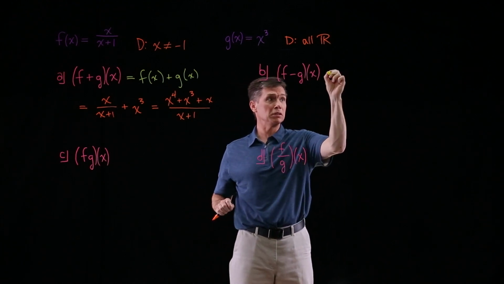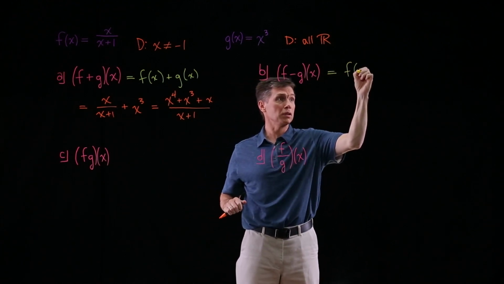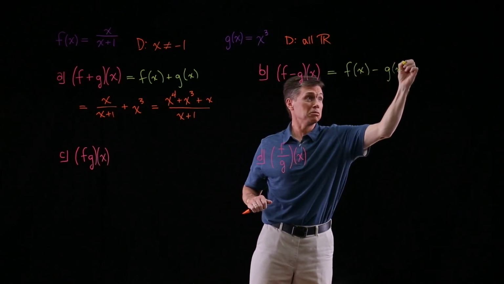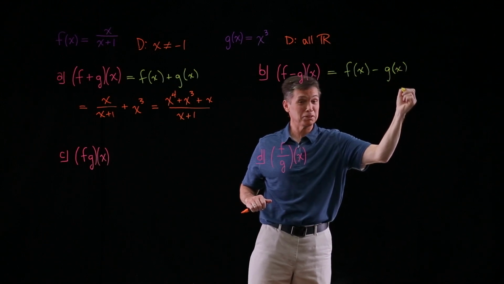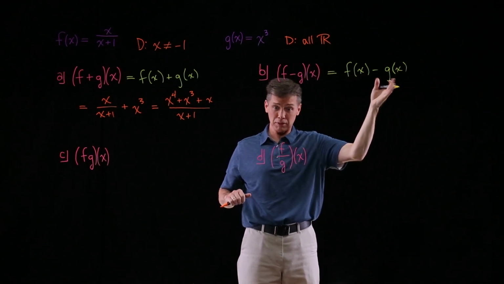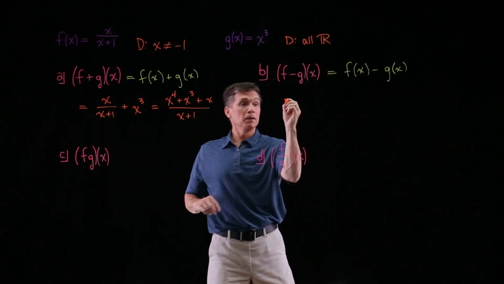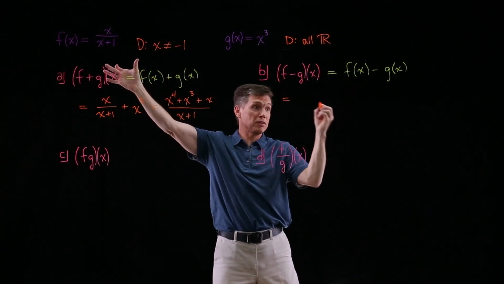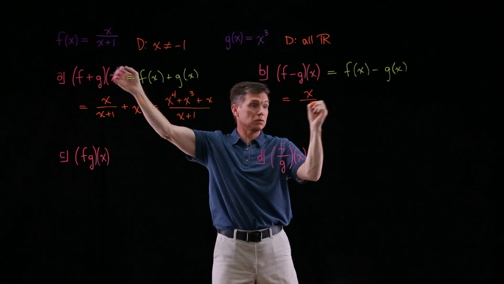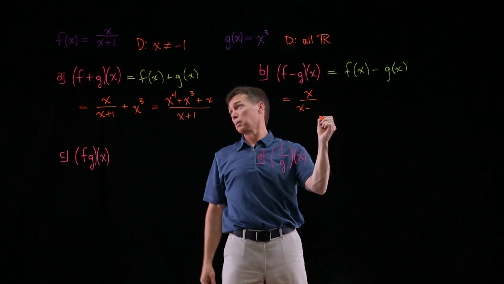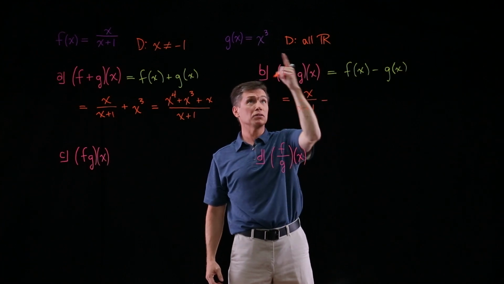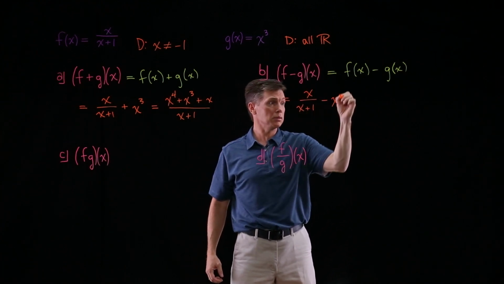Moving on. Part B is f minus g of x. And very similarly, if it helps, start with what that means, which is exactly what you hopefully think it means: f of x minus g of x. So my algebra here will be to grab exactly what we did before, the f of x, x over x plus 1, and then subtract g of x, which is our x cubed.